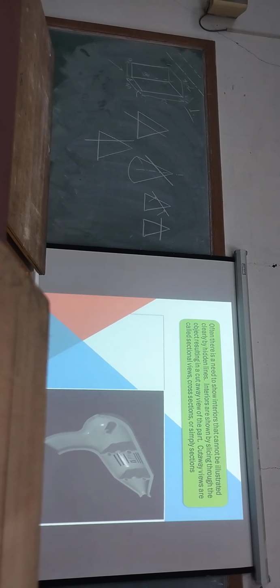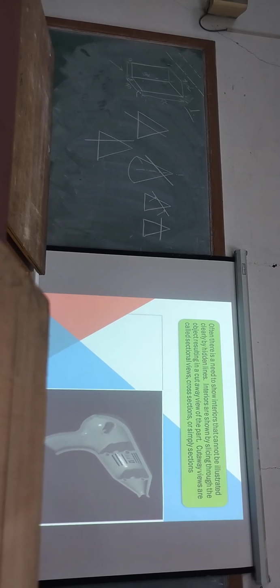Okay, that's why this is important. Sometimes it is not possible to visualize from the outside. For understanding the whole thing, somewhere the cutting plane is important, and you have to show it also.